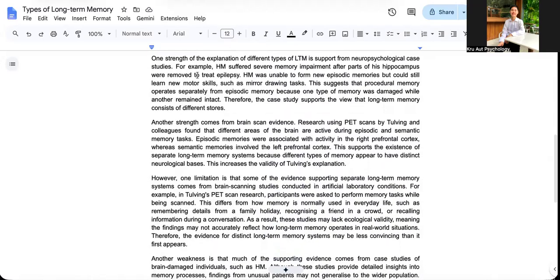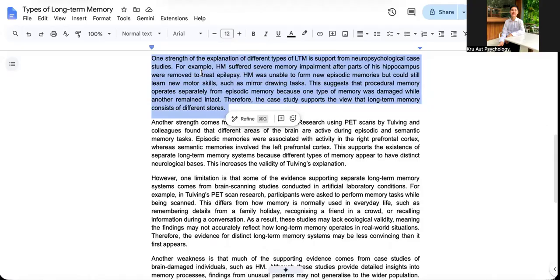If we have supporting studies that show how a person from a case study or from experiments, so for strength, we usually go with supporting studies. Those should support the idea that the different types are different, that they are distinct, separate from one another. We need to describe some detail about the procedure, what happened, in order to explain that and link that back to the question's assumption.